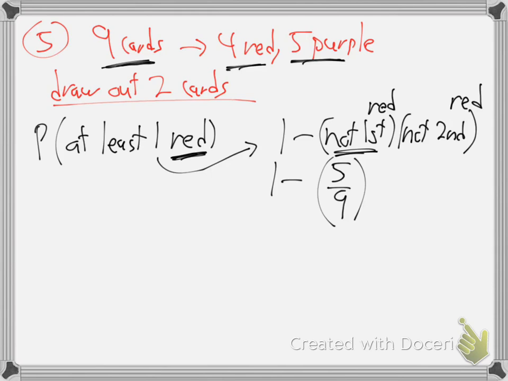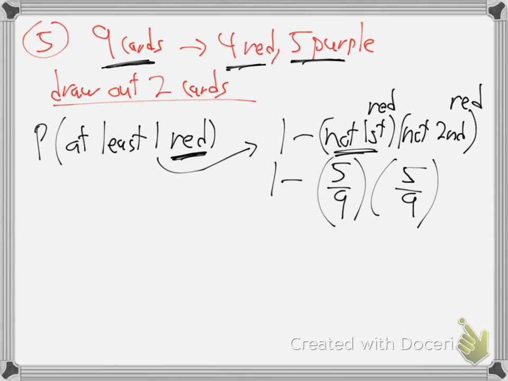Does that make sense? Because out of the 9 cards, 5 of them are not red. And then it's the same thing the second time. Again, just 5 over 9. Is that making sense?